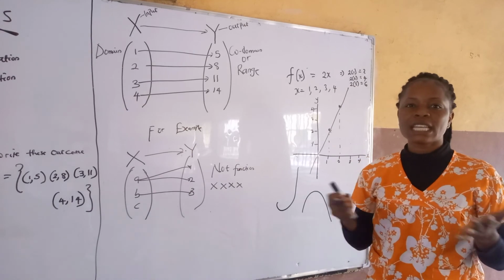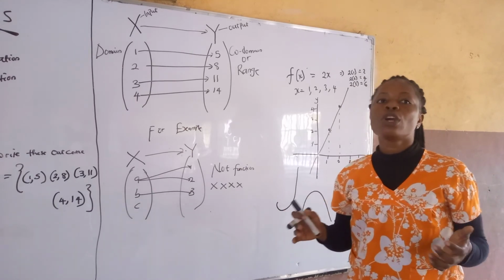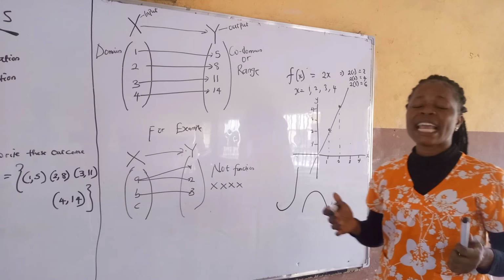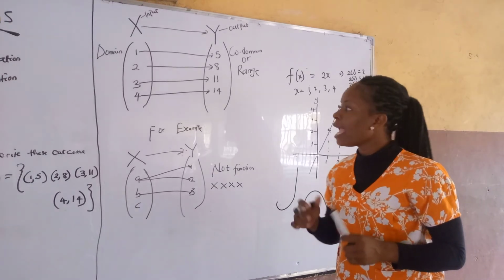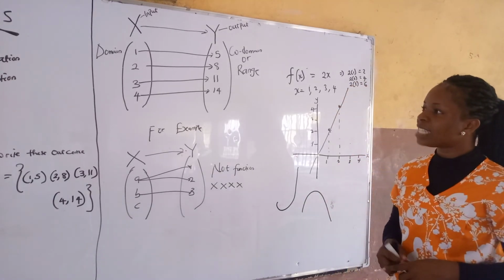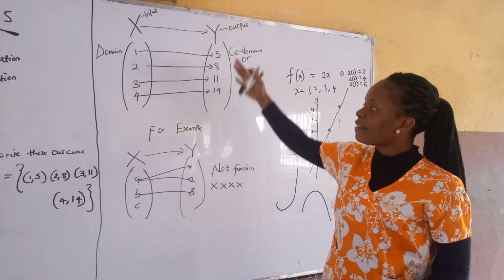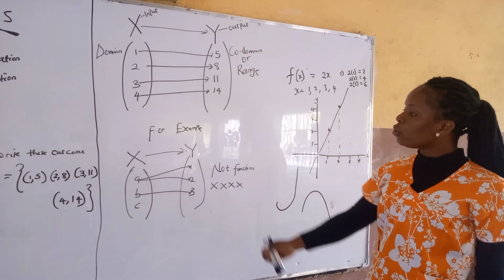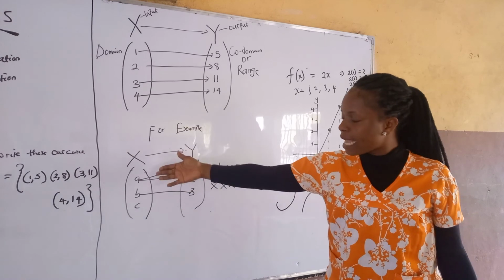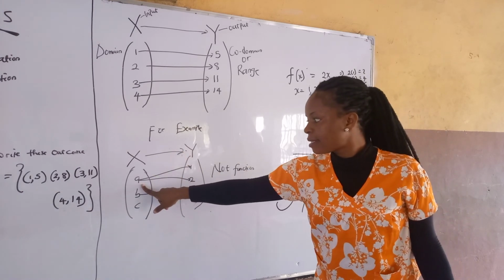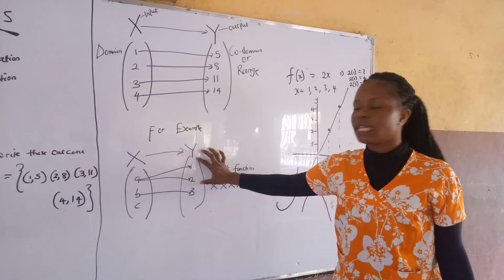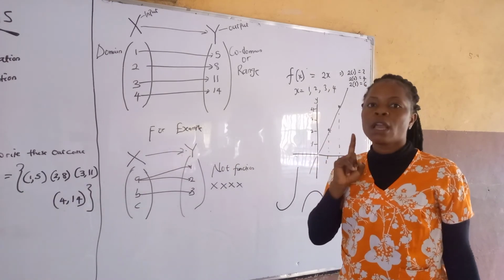That a function is a set of ordered pairs in which no two distinct elements have the same first entry. So you should be able to always identify a function whenever you see a diagram like this, and you know that if any element from, say, x maps to 2 images in the codomain, it is not a function.